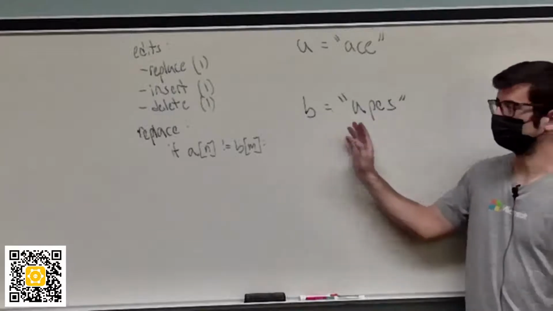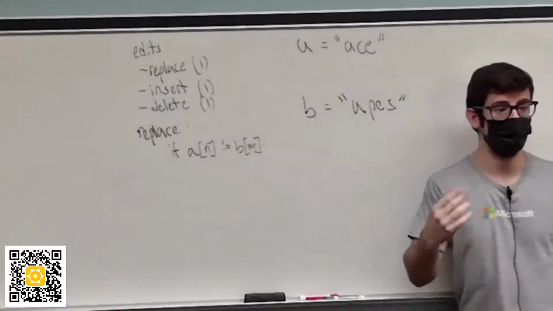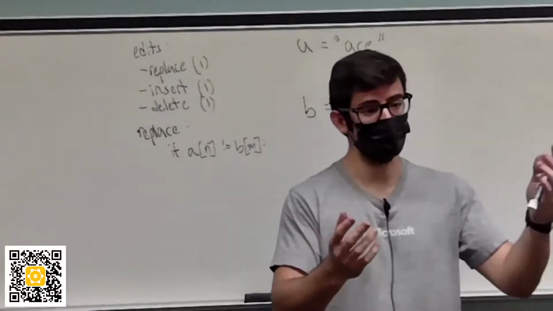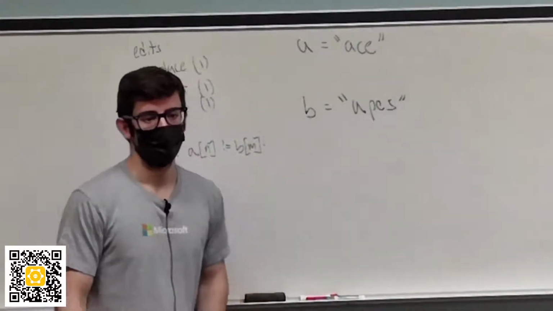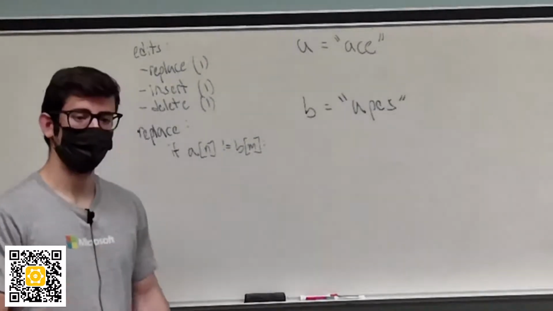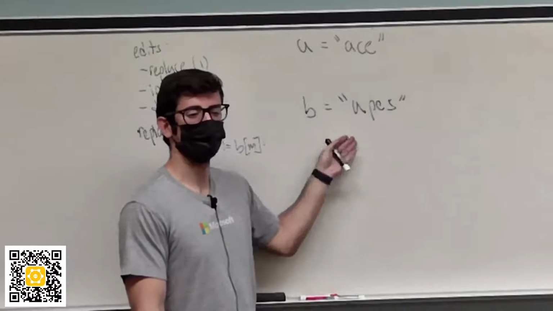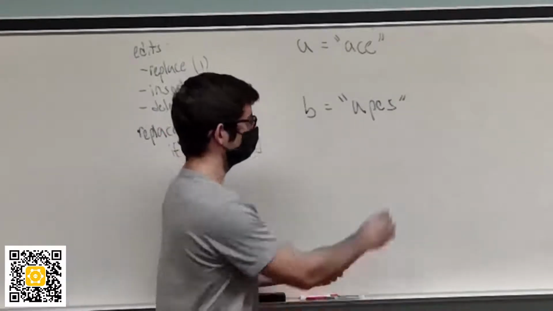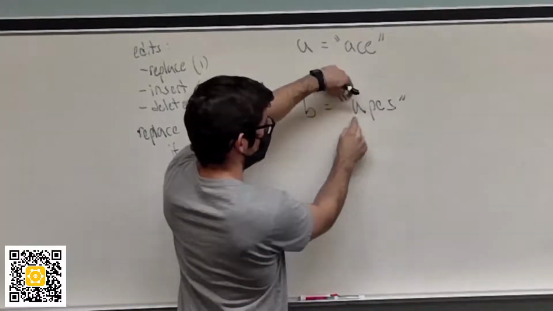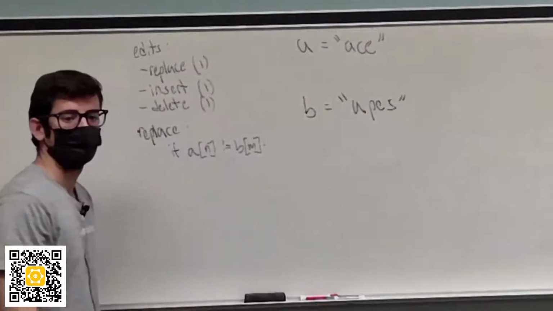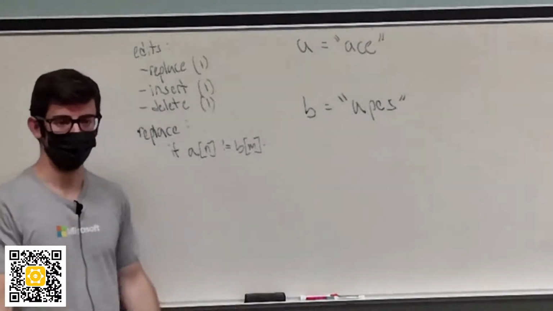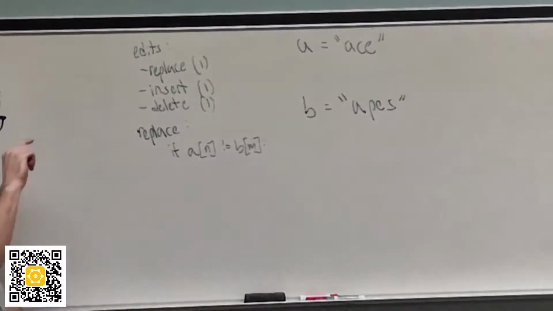Everything else that we never got to, you add, because you have to delete those, right? And that's the cost of 1. Like here, APES, you're going to change to ACE, right? But then this, you use delete. But we don't know if that's the most optimal edits we can make, so we still have to try a couple other things in the different paths.